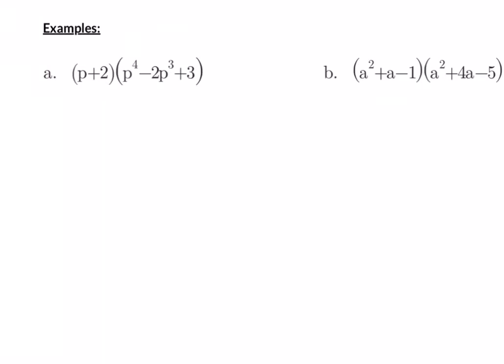The trick here is I want to start by multiplying everything in the second set by p, my first term. So we get p times p to the 4th gives me p to the 5th. P times negative 2p cubed is minus 2p to the 4th. And p times 3 is 3p.